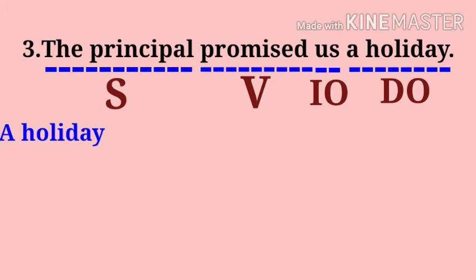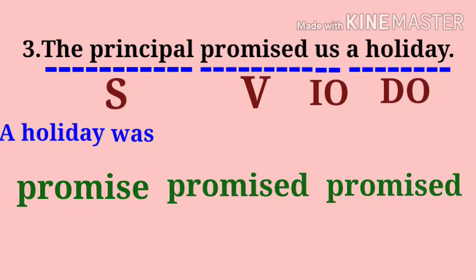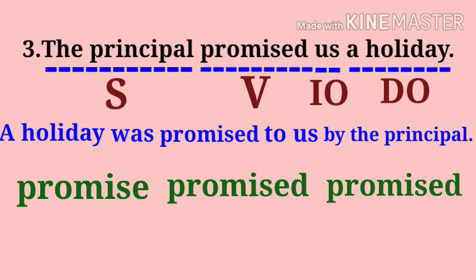A holiday is singular. So you have to use was as your auxiliary verb. A holiday was, and see the three forms: promise, promised, promised. Okay. So the answer is, a holiday was promised to us by the principal.